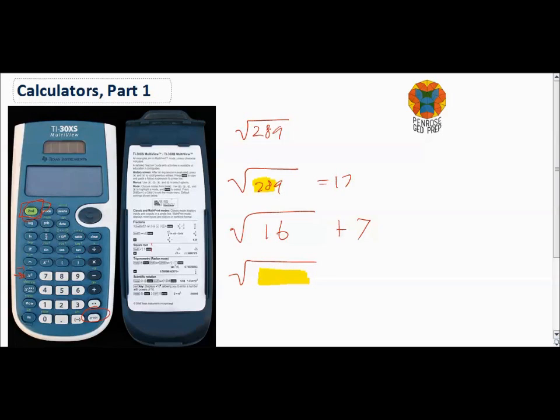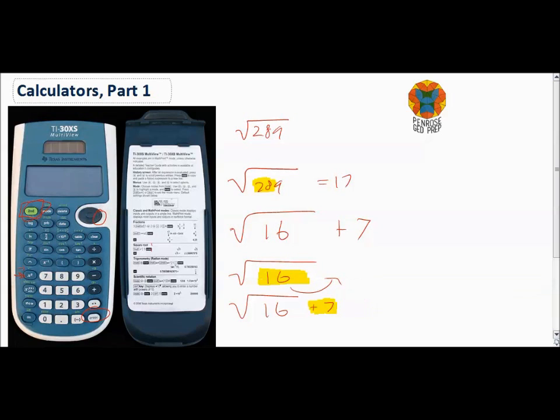There it is. We type 16. We use our right arrow key to get out of the square root. Our space is now over here. And we type plus 7.